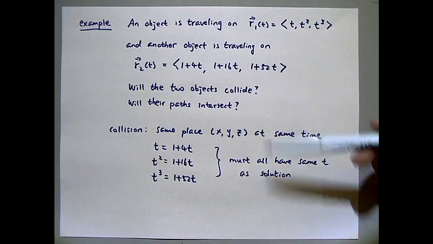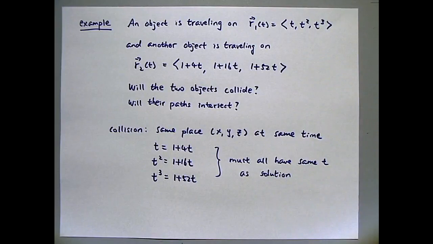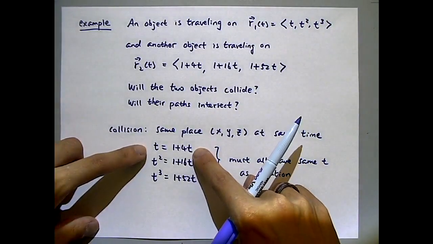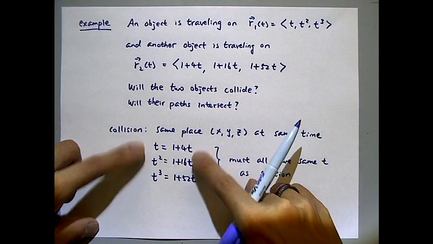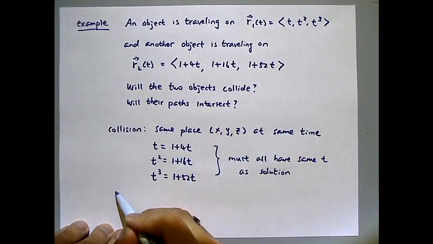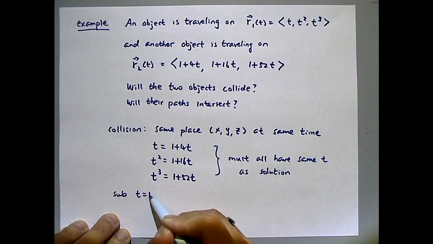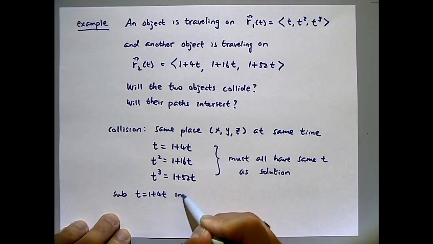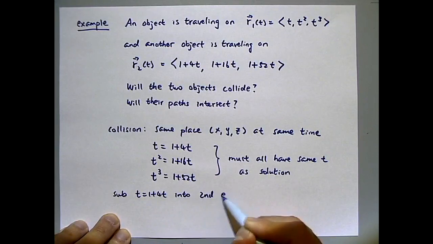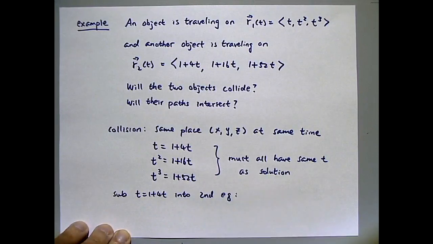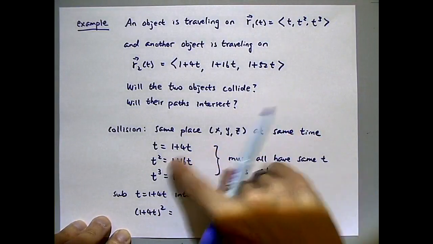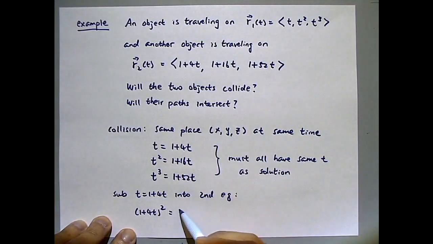And we can solve these three equations in a variety of different ways. Here's one way to do it, perhaps one of the easier ways to solve this. I can take the first equation here and substitute that into the second one. So I get 1 plus 4t squared, that's t squared, I'm taking this t, equal to 1 plus 16t.